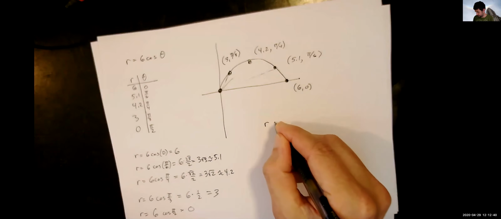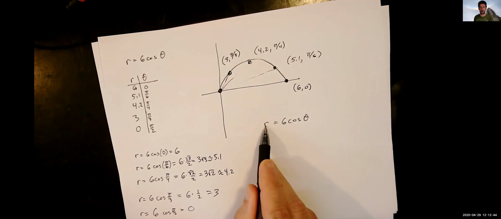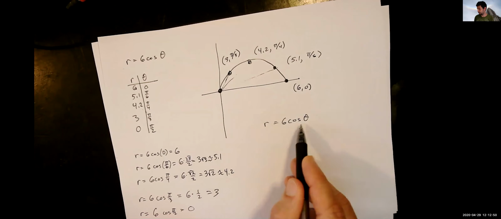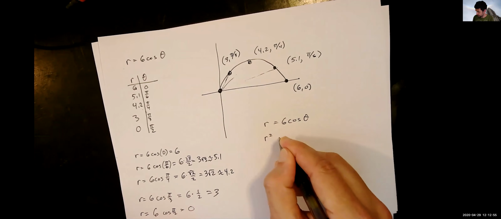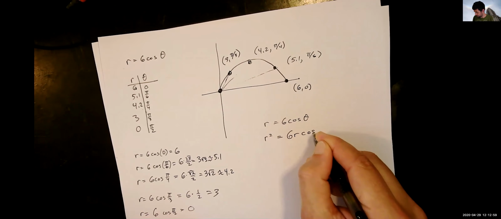So I'm going to do a little bit of algebra. I noticed that there's an r over here, and I can relate r to x and y, but even easier, I can relate r squared to x and y. So what if I multiply this whole equation by r? I get r squared equals 6r cosine theta.